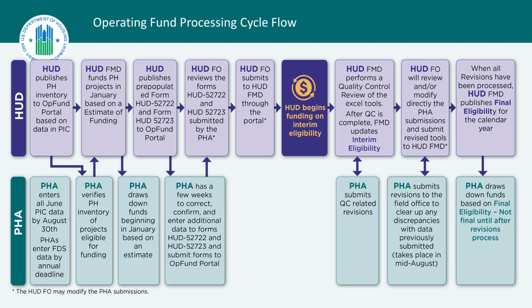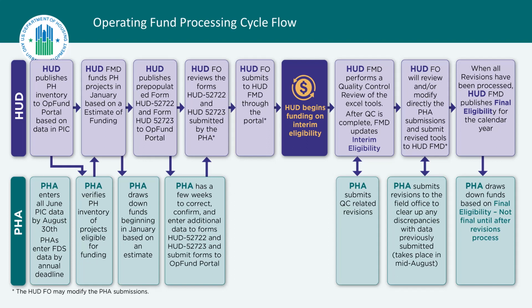The operating subsidy processing cycle runs on an annual basis. The actual schedule varies from year to year, so please refer to the PHA Op Fund submission schedule for each calendar year for specific dates. The process begins when HUD publishes the inventory of projects eligible for funding. PHAs must verify that HUD's inventory is accurate.